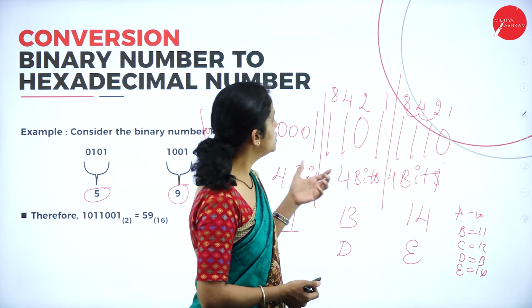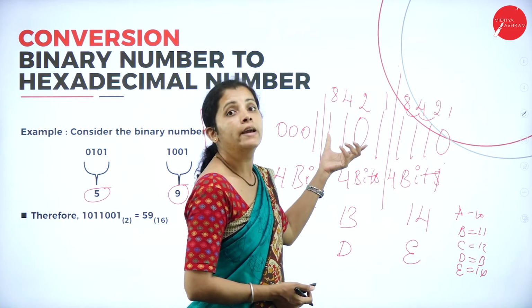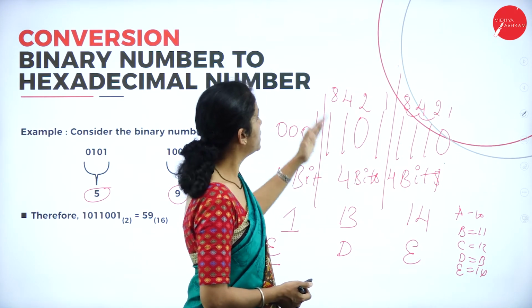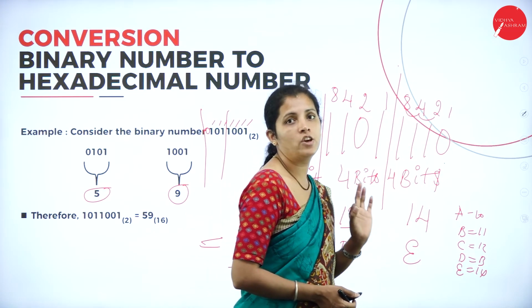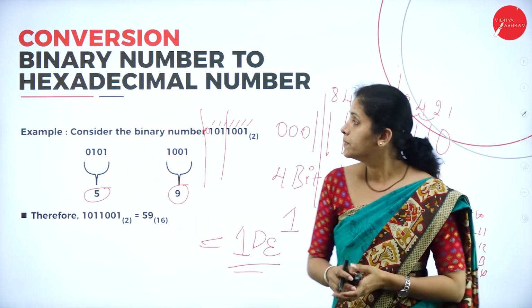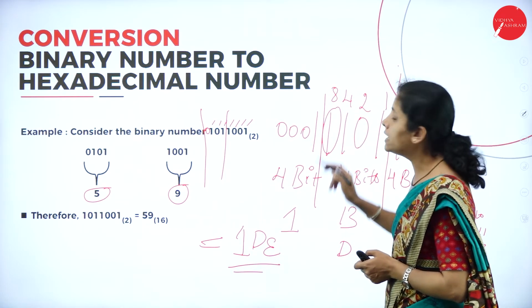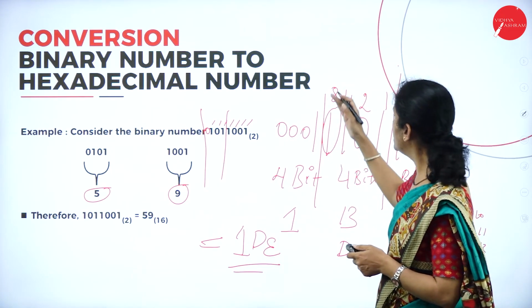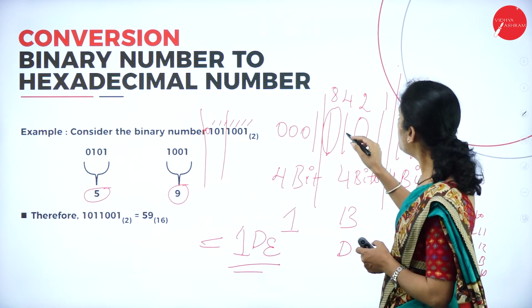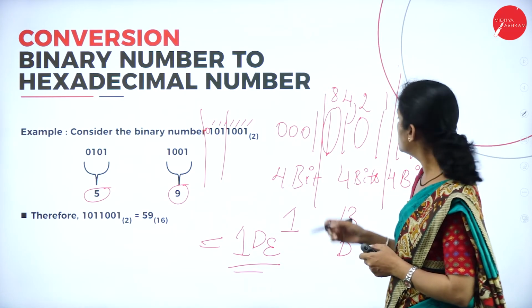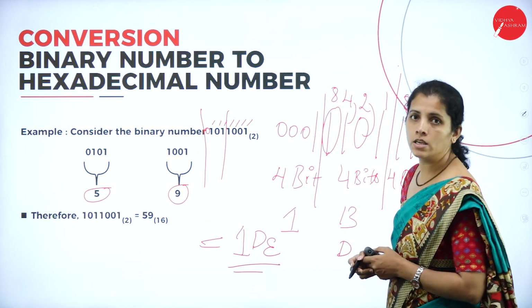So it is better to write the weightage. It is very easy to calculate the hexadecimal number if I know the weightage of each bit, and I consider only the bits that have 1. So 1 into 8, it is 8. 1 into 4, it is 4. 0 into 2, it is 0.